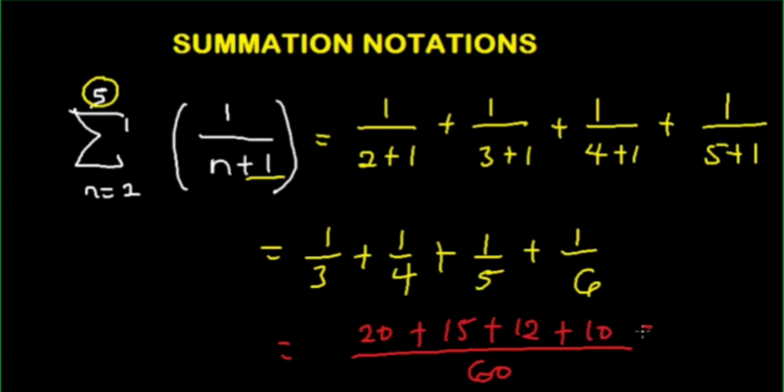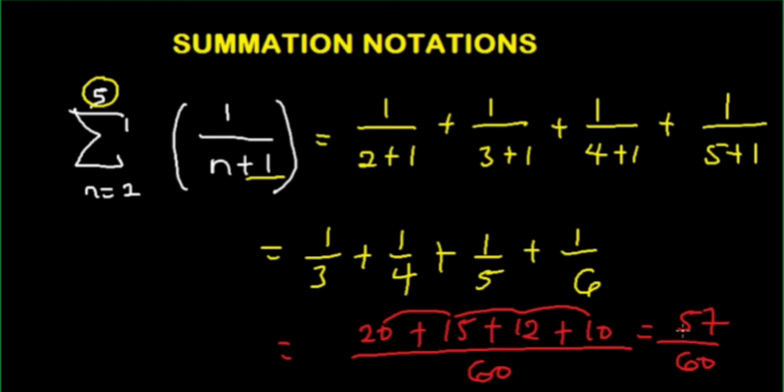Very simple. So 20 plus 15 plus 12 plus 10: 20 plus 15 is 35, 35 plus 12 is 47, 47 plus 10 is 57, if I'm right. That's 57 over 60. Okay, so you can actually cut this one.